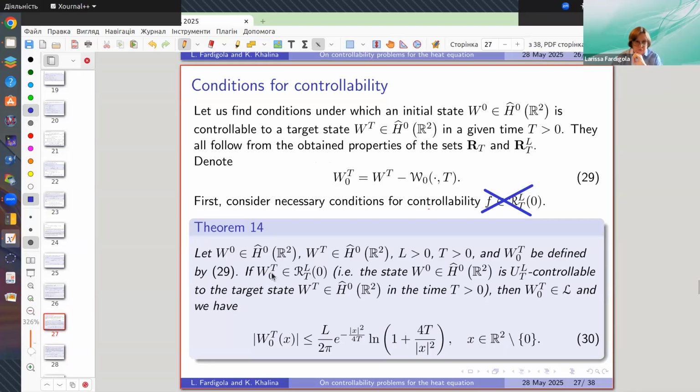And if W0T belongs to RLT of 0, that is, the state W0 from H hat 0 is ULT controllable to the target state WT in the time T, then W0T belongs to L and we have the following estimate.